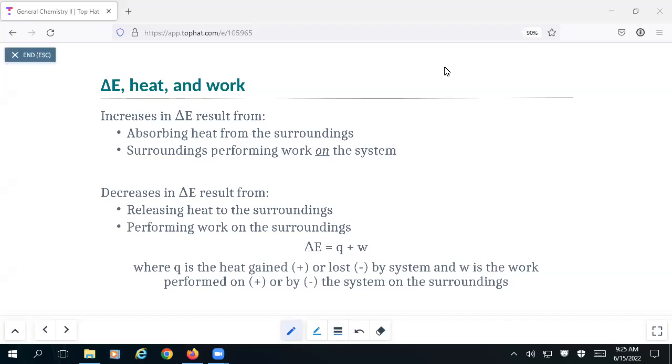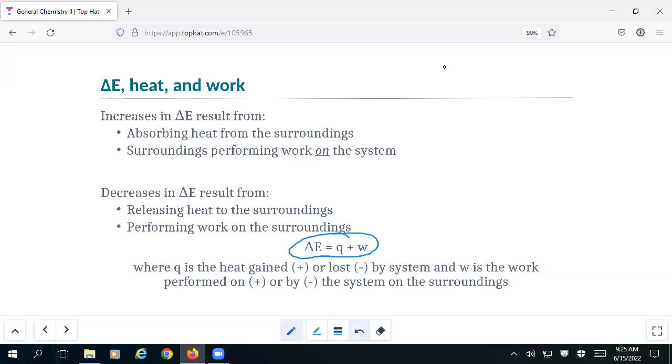Internal energy is calculated as the sum of Q, the heat gained or lost by the system, plus W, the work done by or on the system.